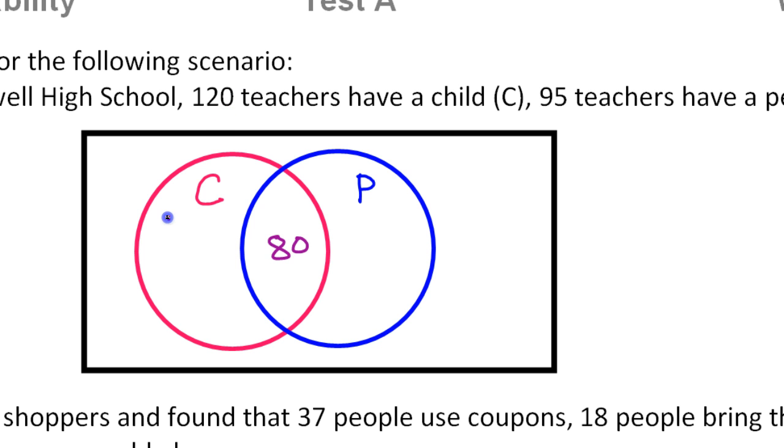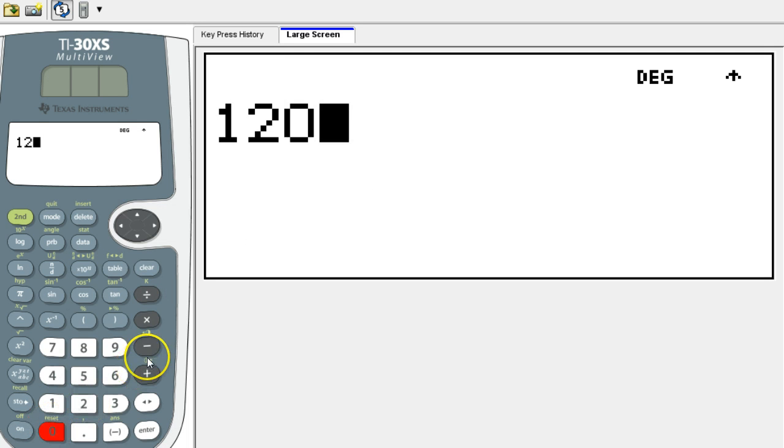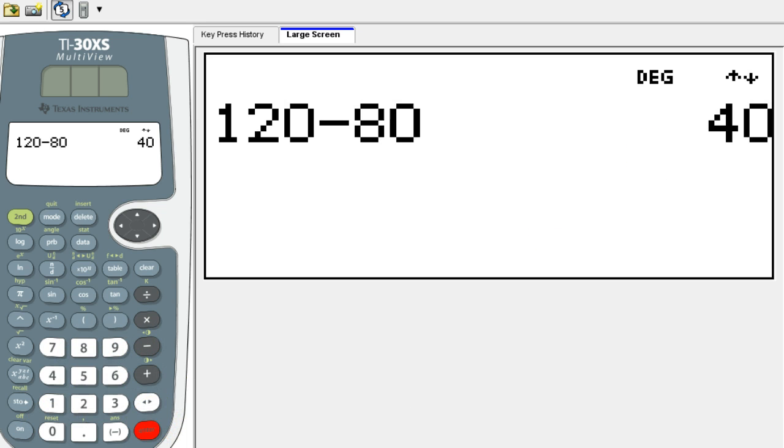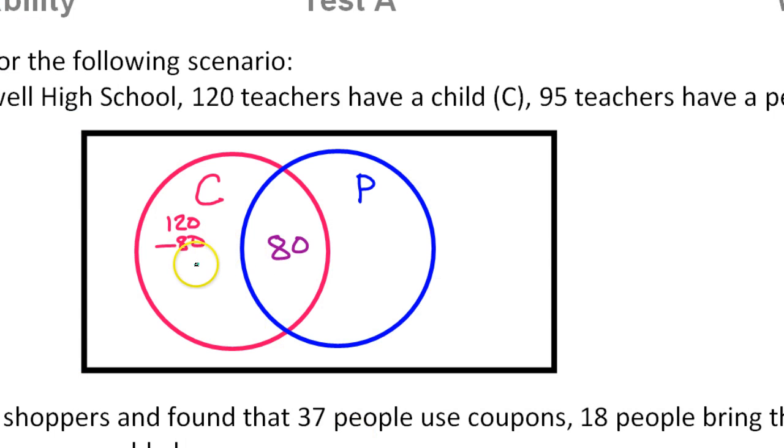So I need to go 120 minus 80. That is 40. Okay, so that means that there will be 40 teachers that only have a child and not a pet. So that's what goes out here, is the 40.